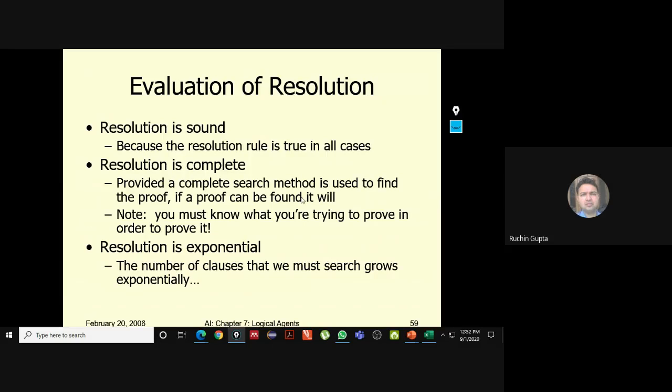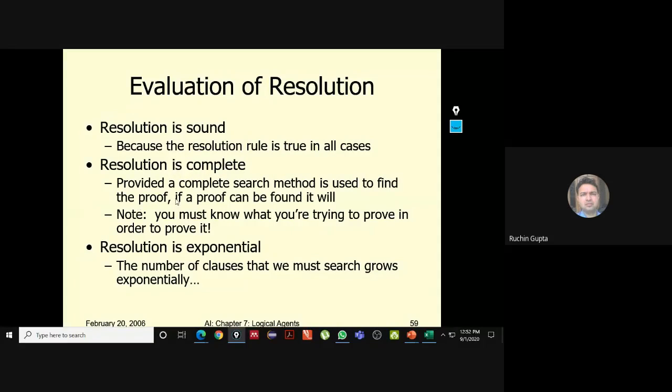Other characteristics of the resolution: resolution is sound. It means that whatever new knowledge we derive from the existing knowledge using this resolution method is always going to be true. Resolution is also complete. Whatever new facts we can derive from the existing knowledge base, resolution can derive all of them.